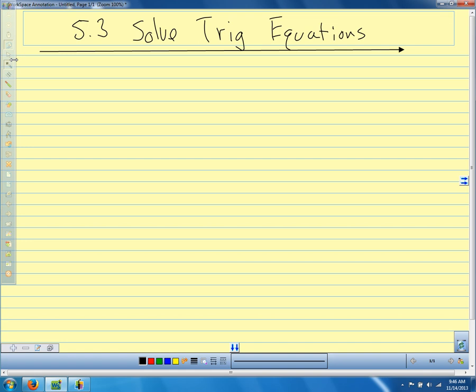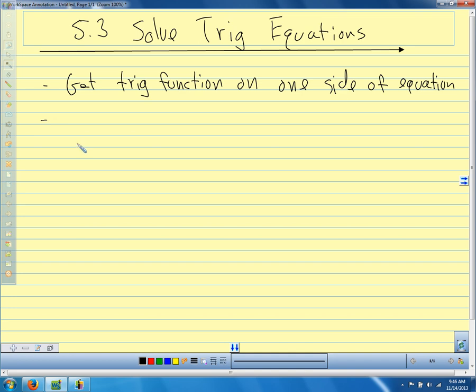So our big picture rule here, and this is not 100% true, just a main guideline, is we want to get a trig function by itself, or trig functions by themselves, on one side of the equation. And the other thing we have to remember is we want to find all solutions.